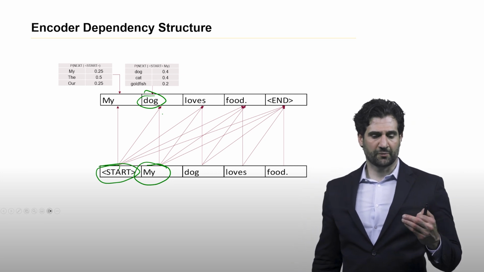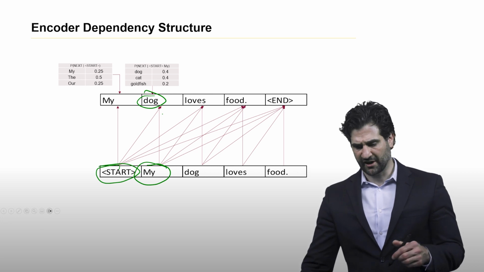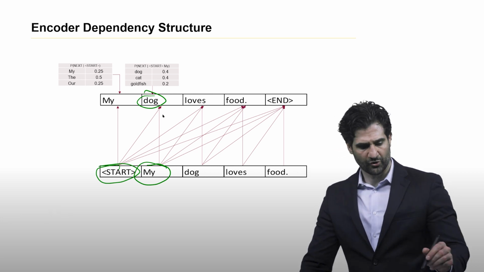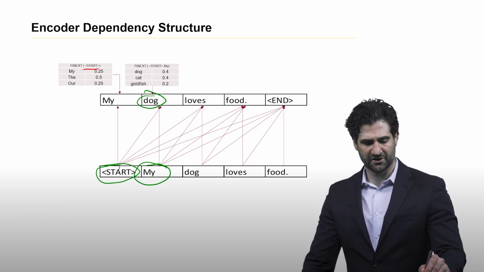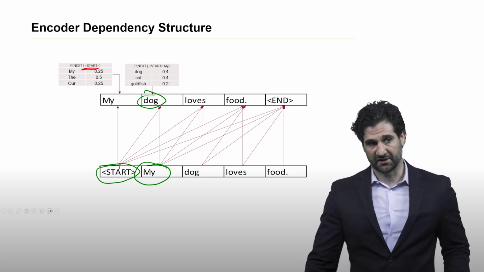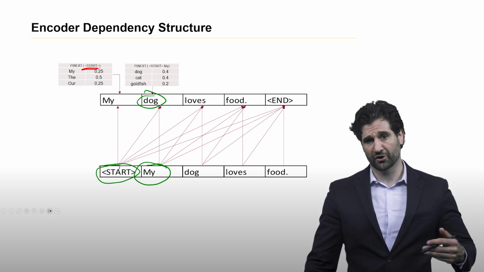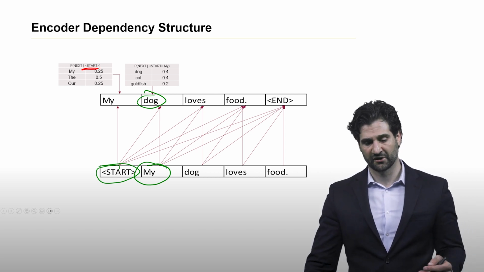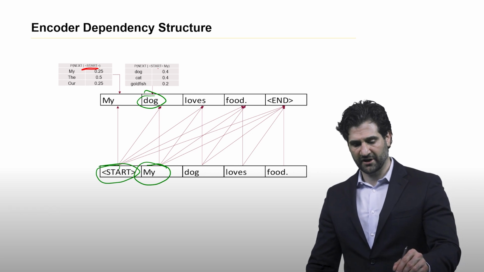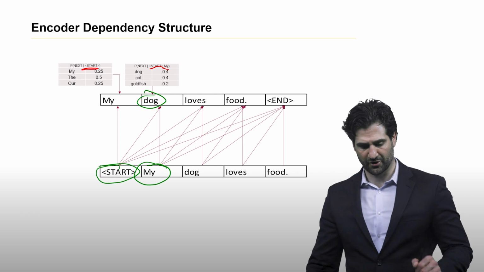Notice the first time, we were conditioning on only the start character. So here we could think of, in this simple example, a big probability distribution over all the words you'd commonly start a sentence with. Here, we're conditioning on two things, the start token and the word my.